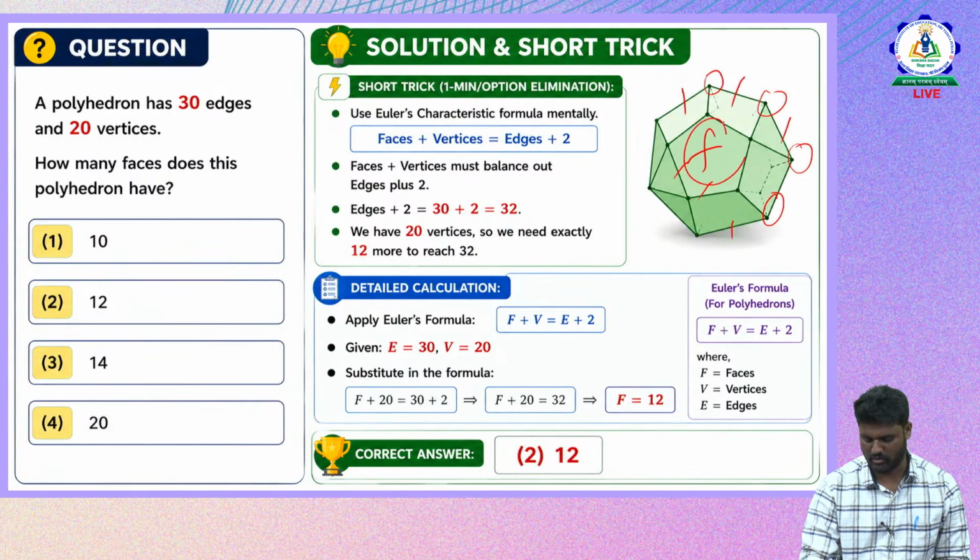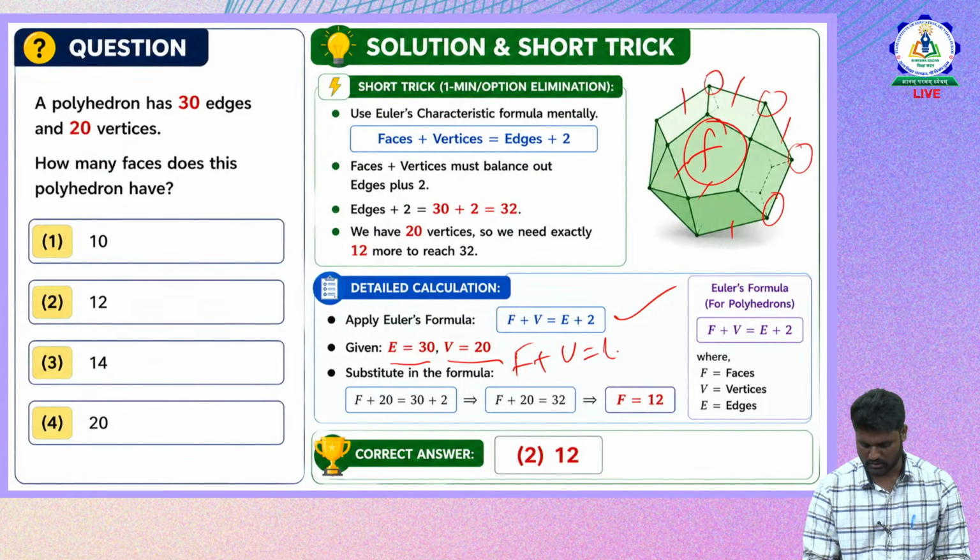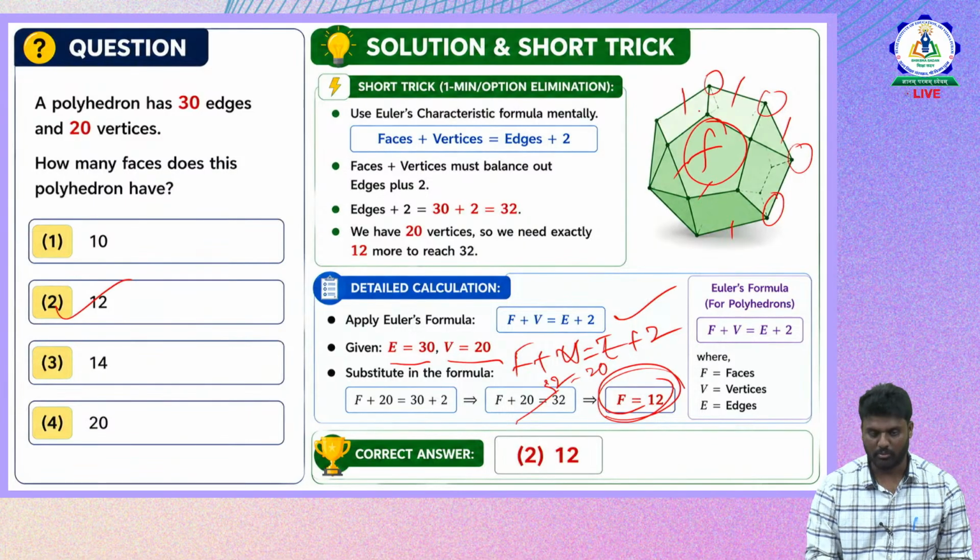We don't know the faces, so we need to identify them. Now apply these values into Euler's formula: F plus V is equal to E plus 2. Substituting, F plus 20 is equal to 32, so F is equal to 32 minus 20, which becomes 12. So there are 12 faces in the given polyhedron.